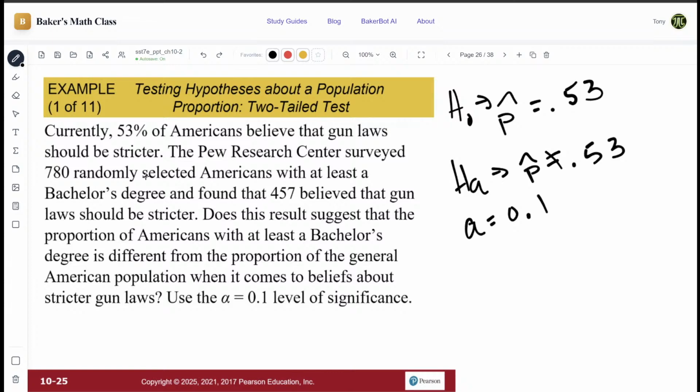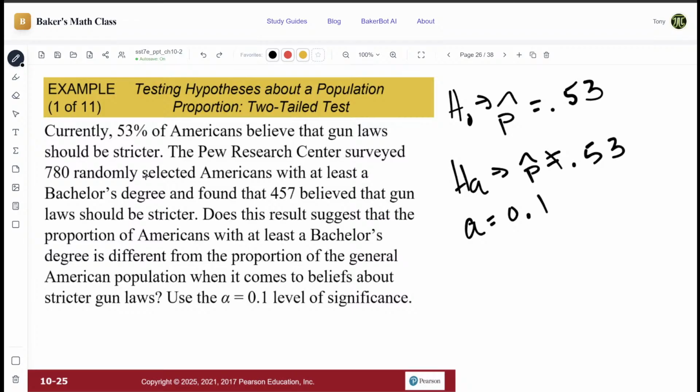Well, the Pew Research Center did the study, not the 53%. The 53% was what they're basing their study on. What are they looking at? The bachelor's degree.